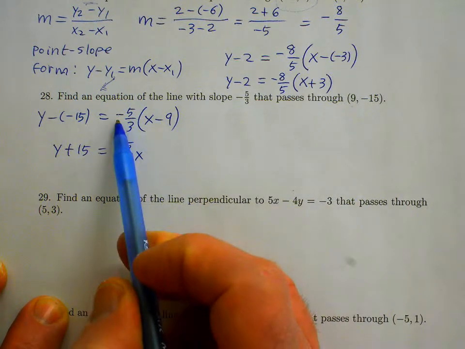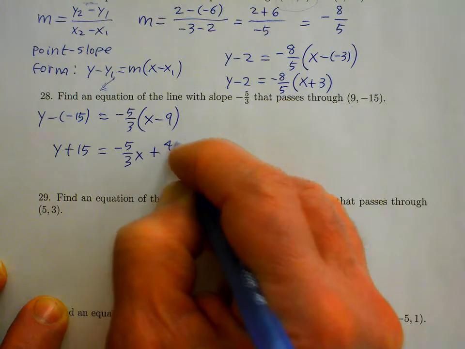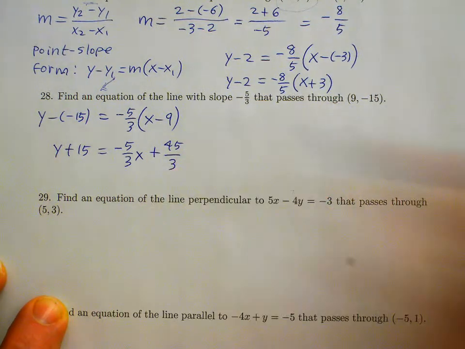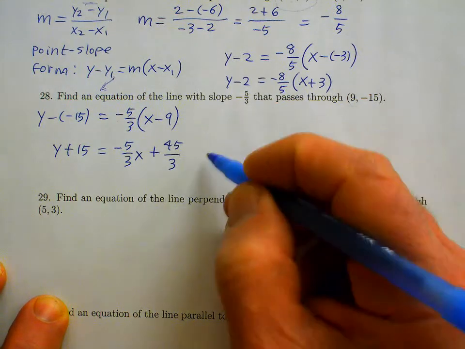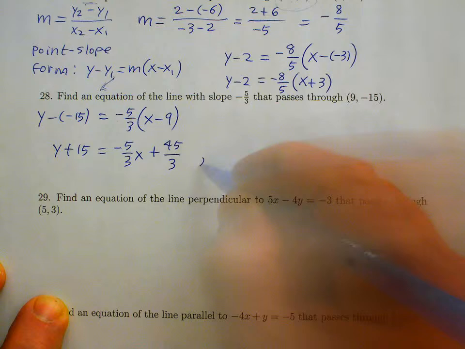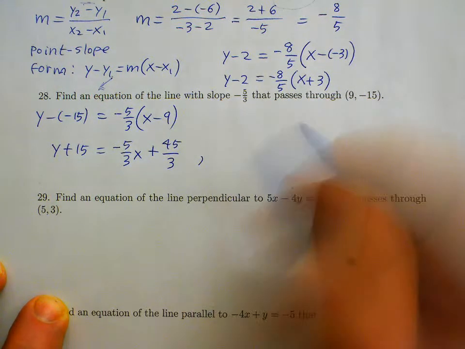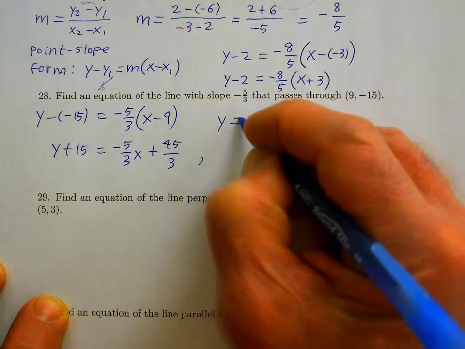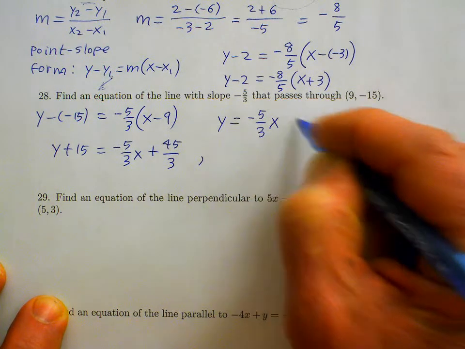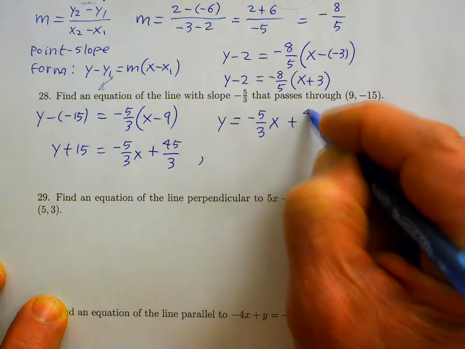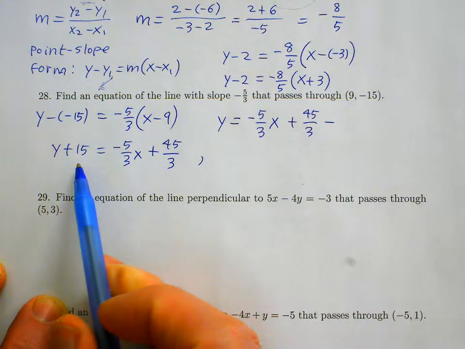And a negative times a negative is a positive, so we're going to write plus 45/3. Then we'll subtract 15 from both sides, so we get y equals negative 5/3 x plus 45/3 minus 15.